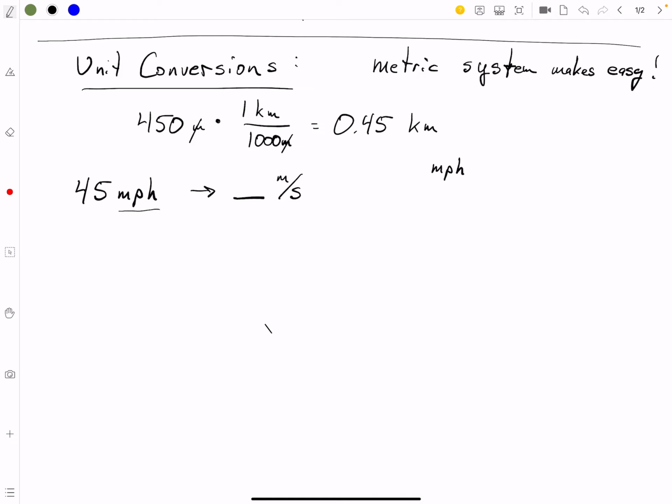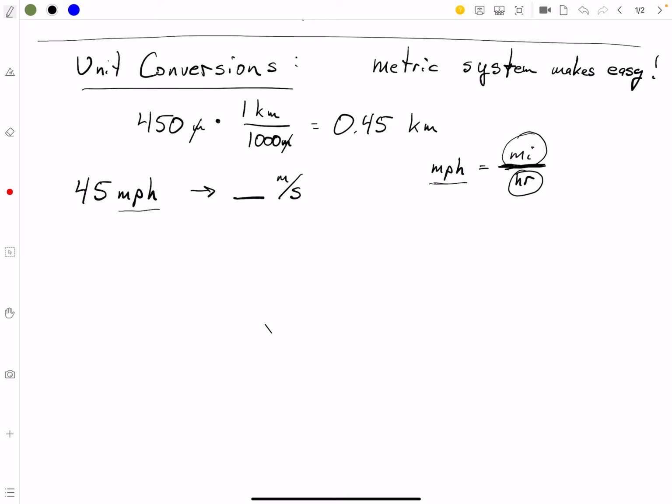What is that really? You want to have that written as miles per hour. Why do you want to do that? Because now you have a numerator and a denominator to work with. So we've got our numerator, we've got our denominator.